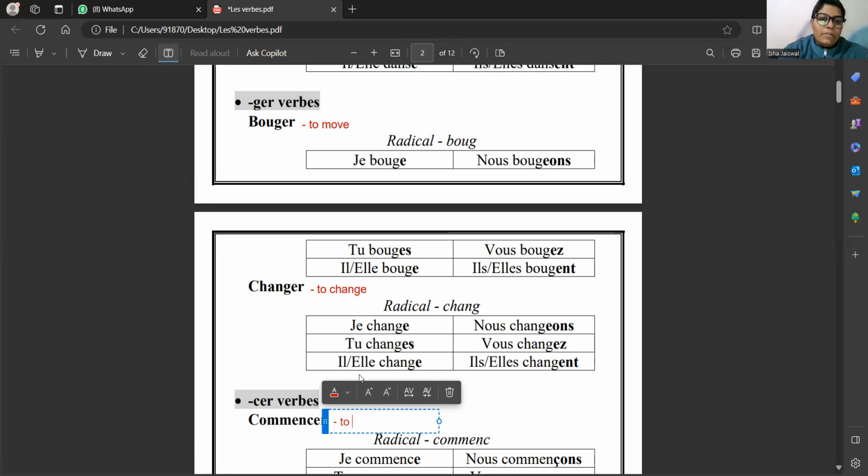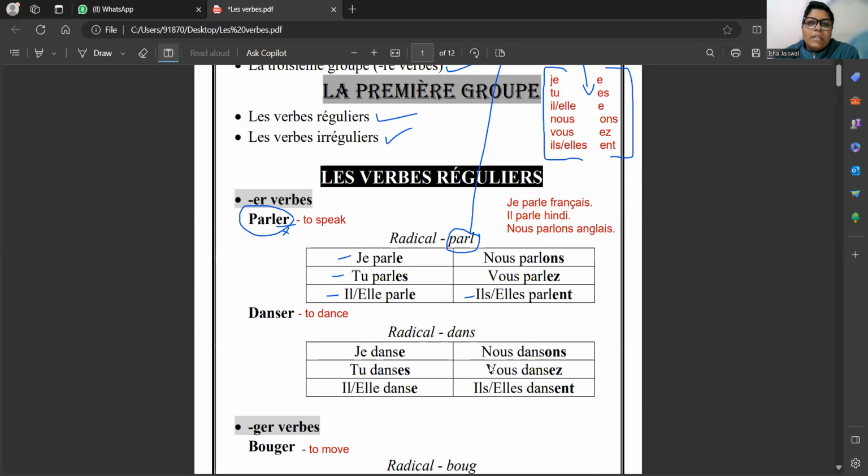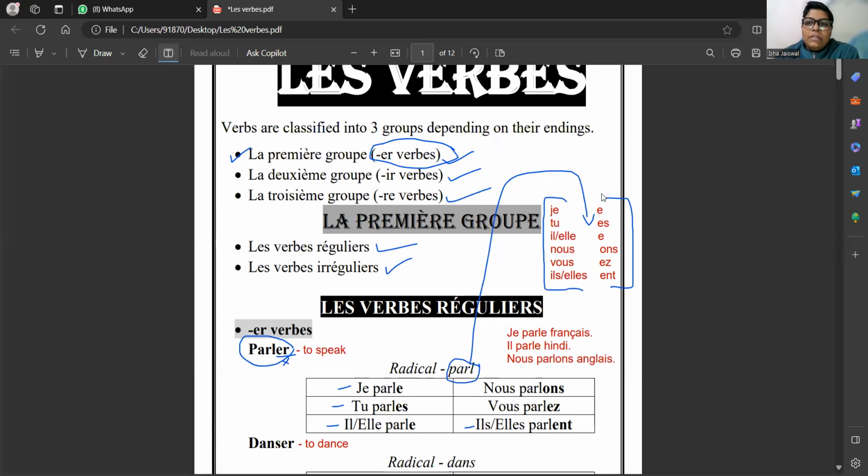Now changer. Je change. You can write down the meanings because the meanings are not given. Whatever I'm writing in blue or red is not given, that will be there in the recording.